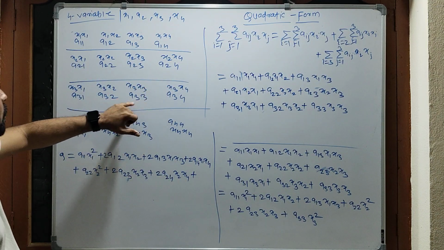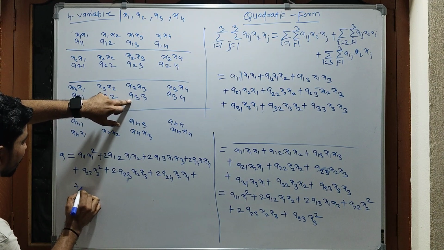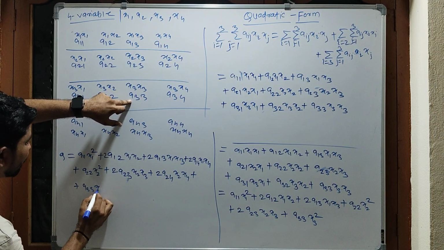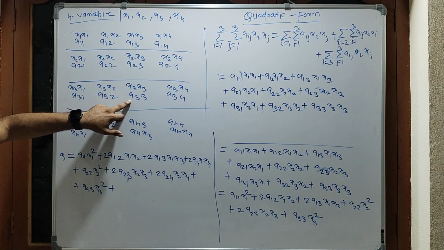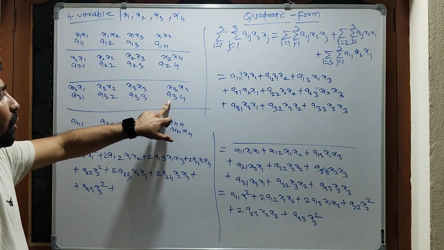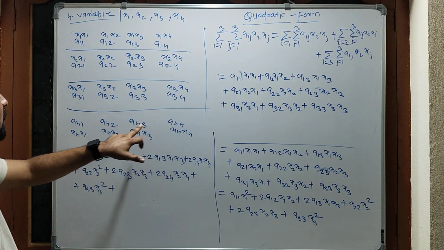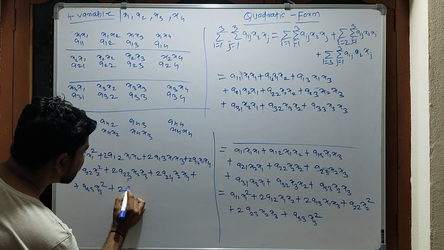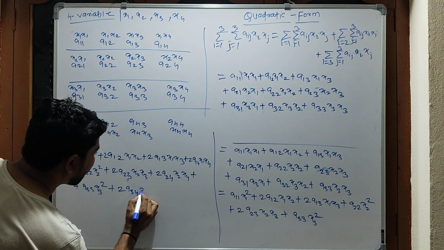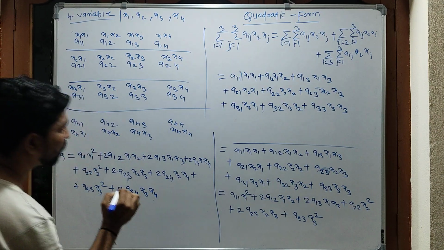Now come to a33. Here plus a33 x3 square plus now come to a34. A34 is the same as a43. Here 2 times a34 x3 x4.